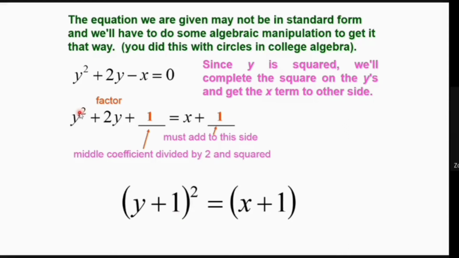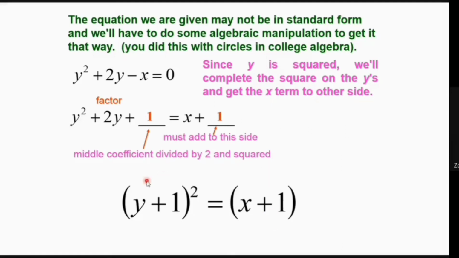Ulitin ko, square root of y squared is y. Square root of 1 is 1. Plus siya kasi yung middle term dito is positive at lagyan natin ng quantity squared. Okay? Yung right side of the equation is x plus 1, x plus 1 pa rin siya.